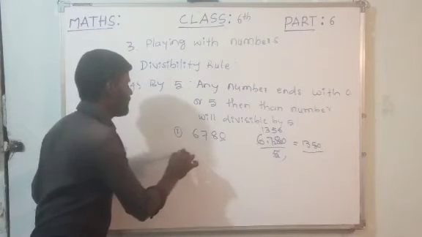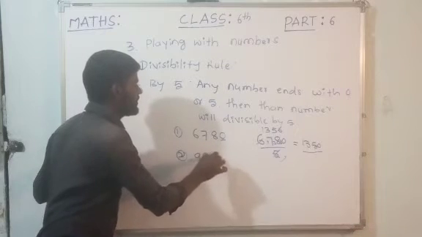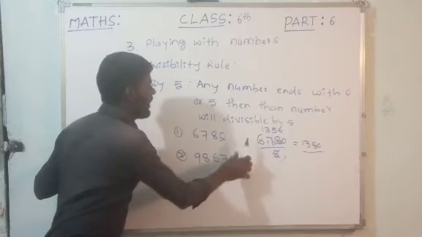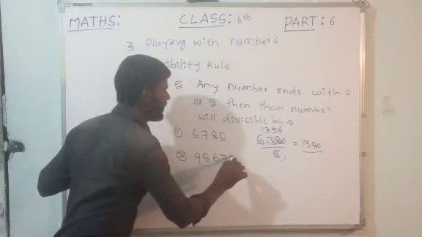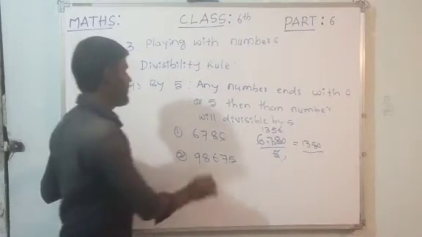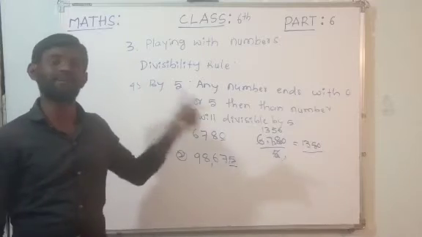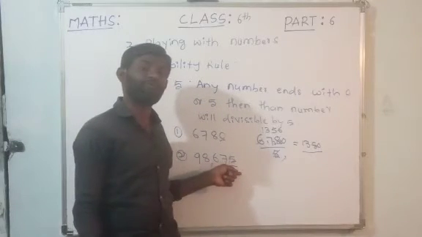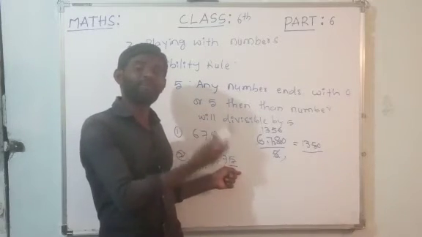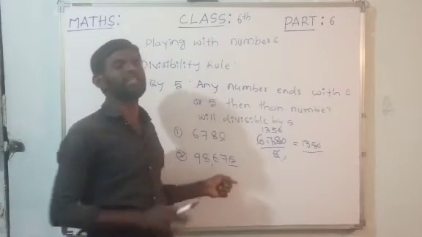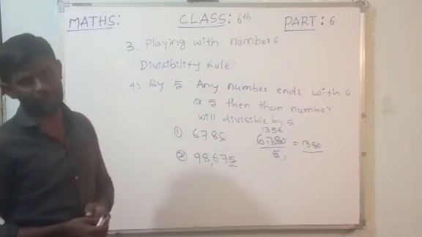Example 2, dear children. 98,675. See here, this number ends with 5. Its unit place is 5. Definitely this number will be divisible by 5.